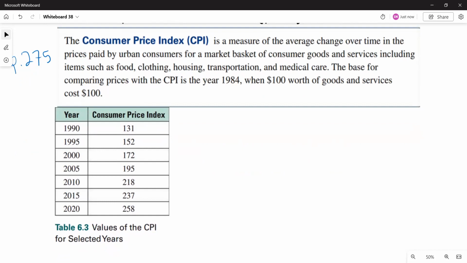Okay, so I'm going to do number 68 on page 280. We're going to use this table to answer the question.